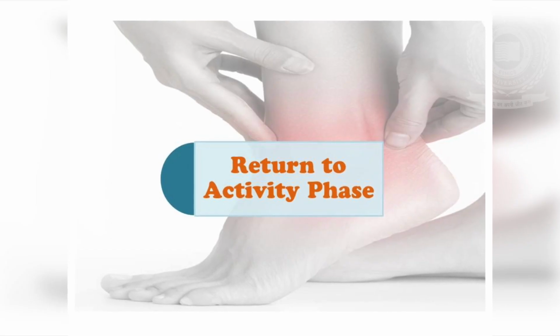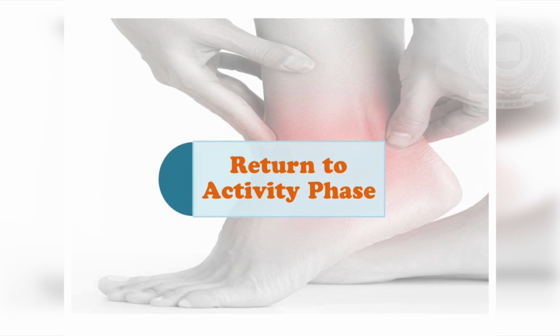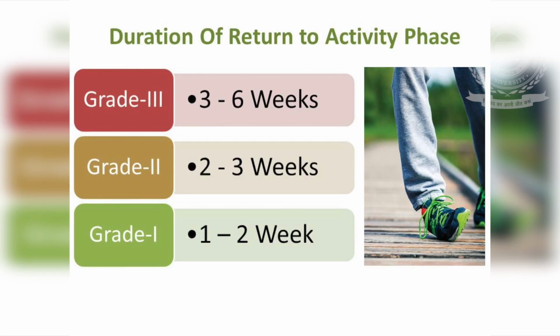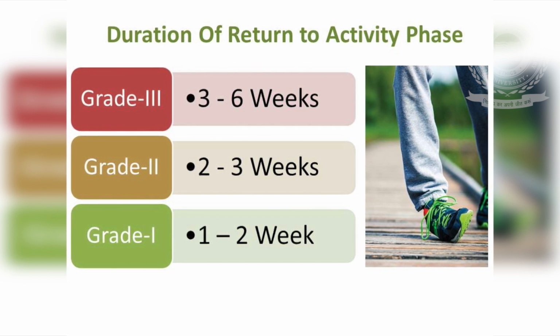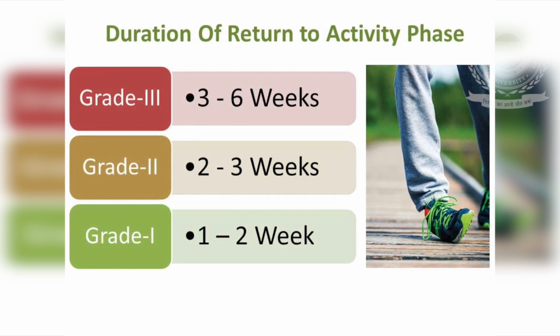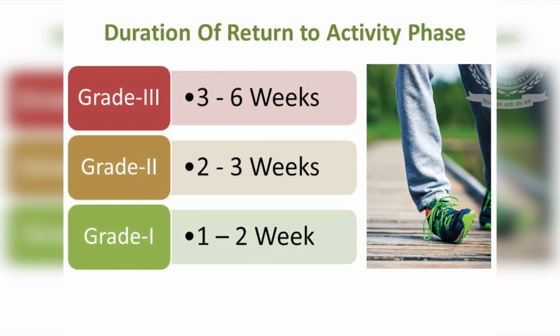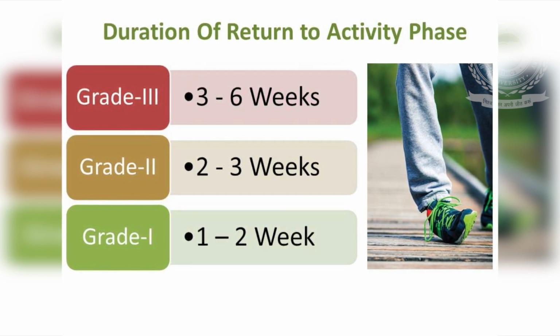The last phase of the rehabilitation is the return to activity. The duration of this phase for grade 1 injuries is 1 to 2 weeks, for grade 2, 2 to 3 weeks, and for grade 3, it is 3 to 6 weeks.